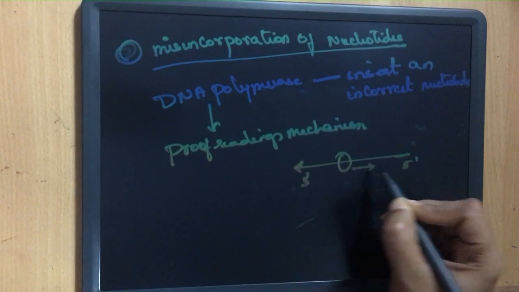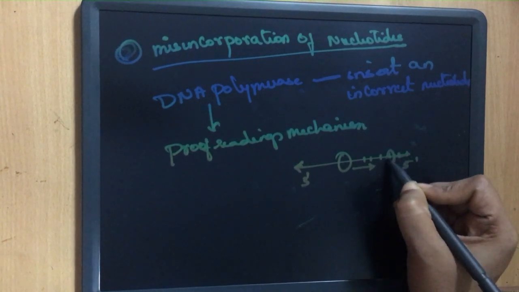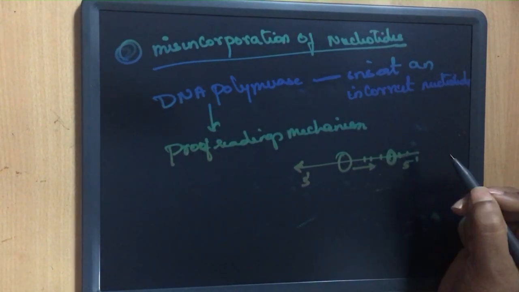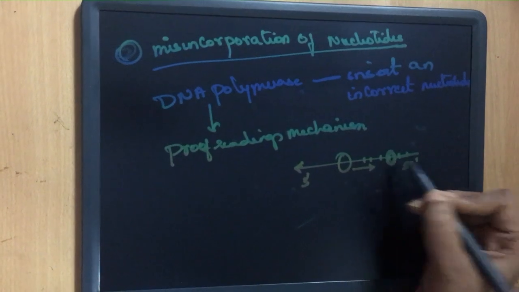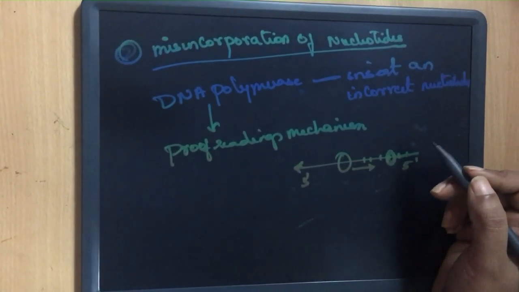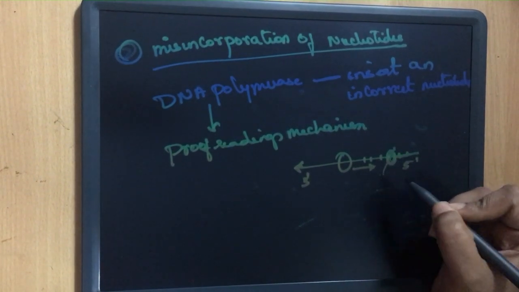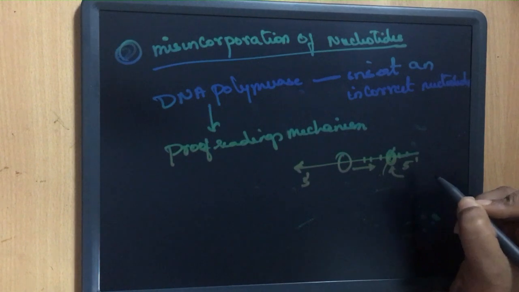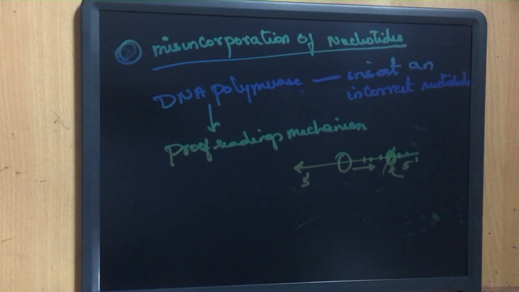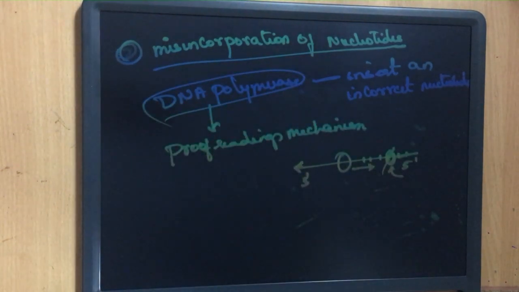It can go and check back the wrong nucleotides if it has attached any in the new strand, and this phenomenon is called the proofreading mechanism. So it backtracks and fixes these errors by removing the wrong nucleotide and replacing it with the correct one. Which enzyme does it? It is the DNA polymerase enzyme.